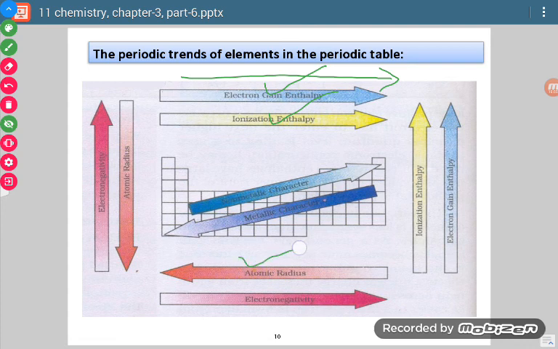If I move from right to left, then atomic radius will increase. If I move from left to right in a period, then electronegativity value will increase. If I move from top to bottom in the periodic table, then atomic radius or size will increase. So this way we can see all these properties.